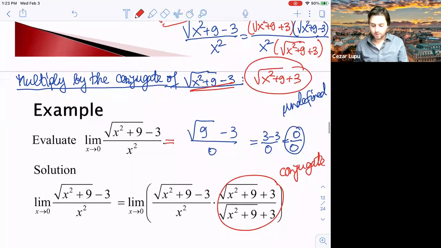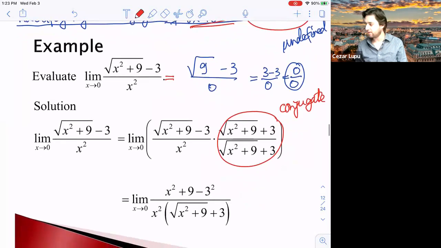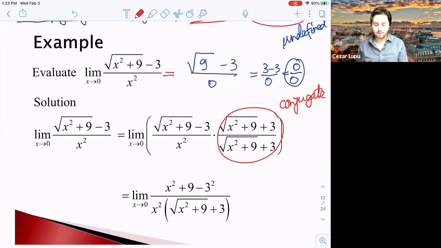All right, once we do this, guess what? We're going to obtain this rational expression here, right? As this would be nothing else than the limit as x approaches 0 of x squared plus 9 minus 3 squared. And guess what? They will just cancel.